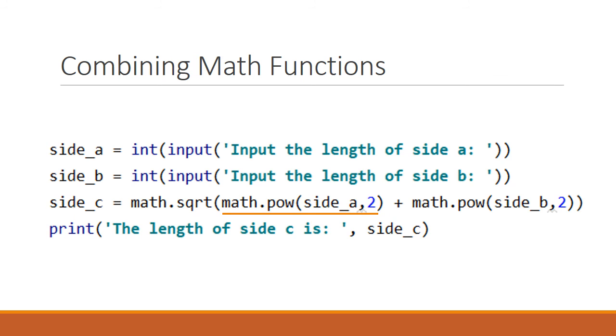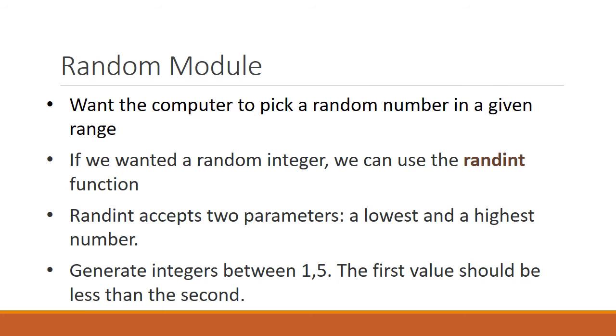Another interesting Python module is the random module. You use the random module if you want the computer to pick a random number in a given range. So if you wanted a random integer, you would use the randint function. randint accepts two parameters, a lowest and a highest number.